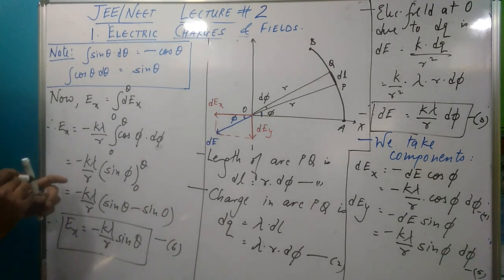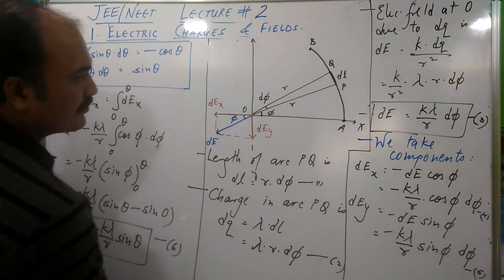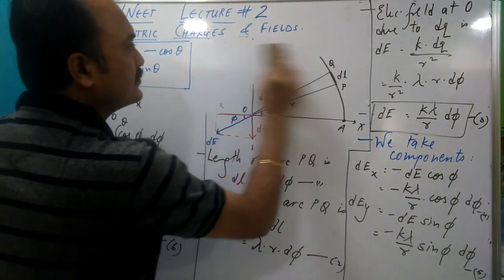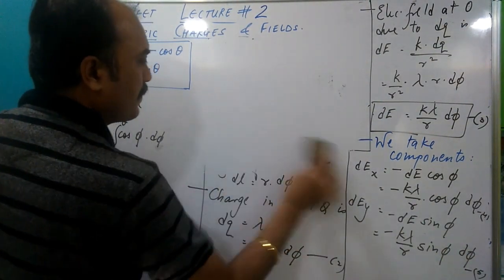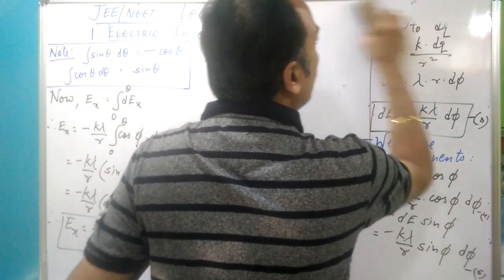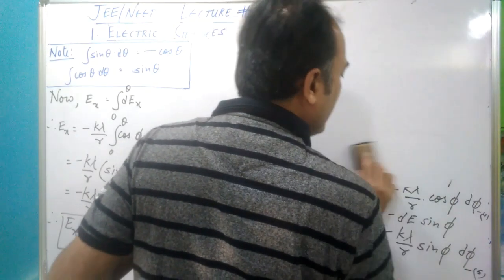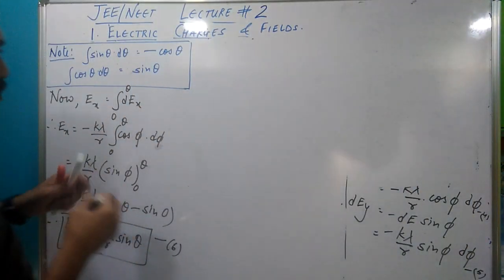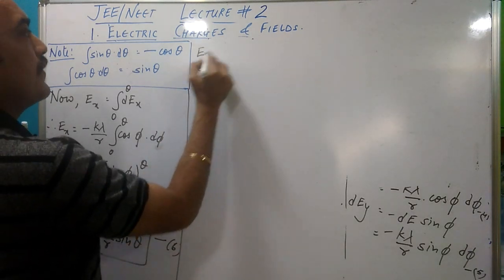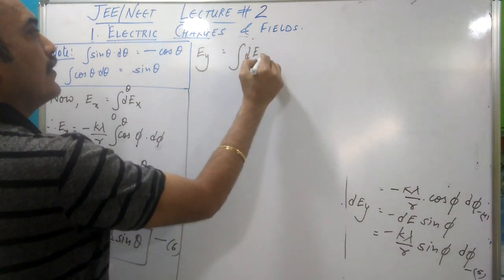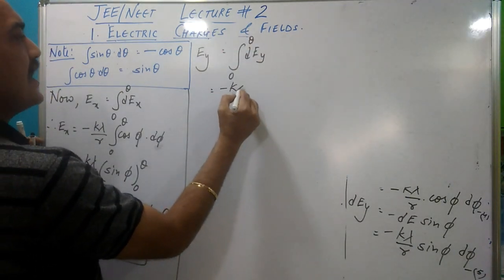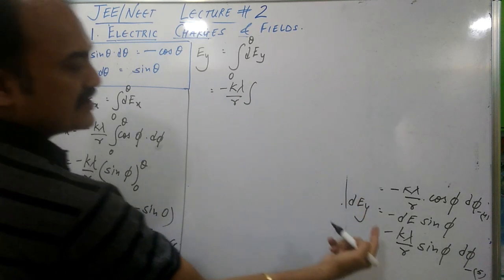5, this is 6. And what about Ey? No problem. Ey, I'm going to integrate dEy. From 0 to theta again. So minus k lambda by r. How much is dEy?